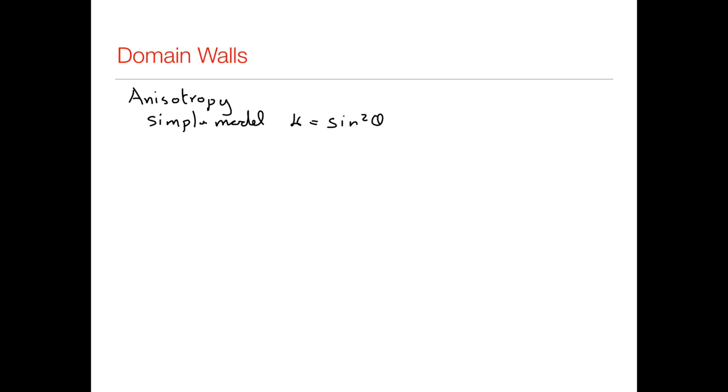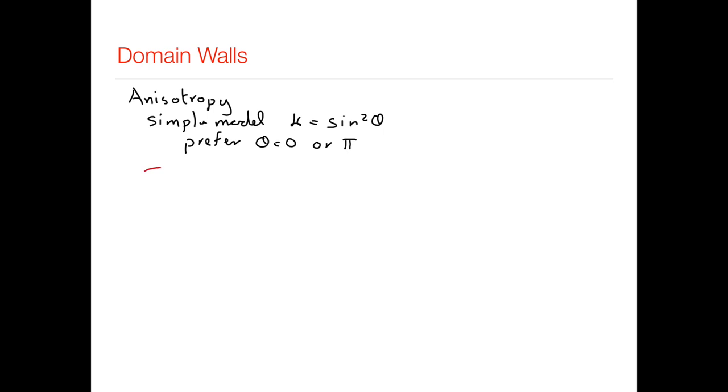So this will prefer theta equals 0 or pi. This is saying to the spin as it rotates, the lowest energy state is if the angle is up or down. So in iron that could be 1, 0, 0 or the opposite direction, and the other direction costs energy. Now we might not have captured exactly how the energy varies. It won't vary just like sine squared theta, but this will do for an initial model.